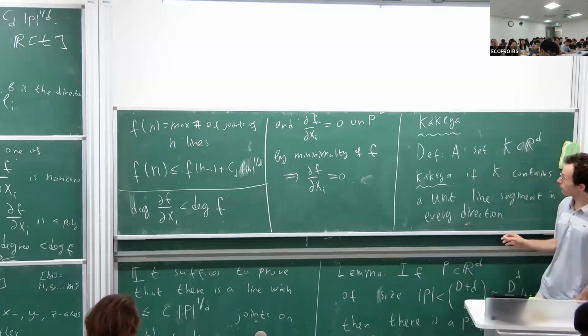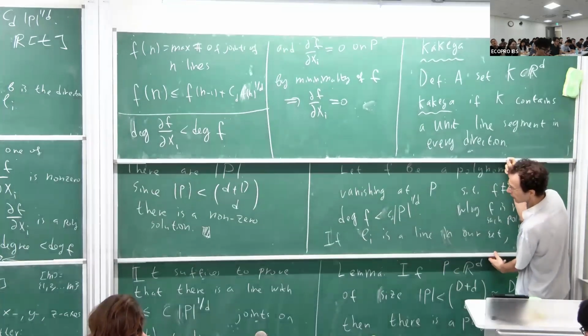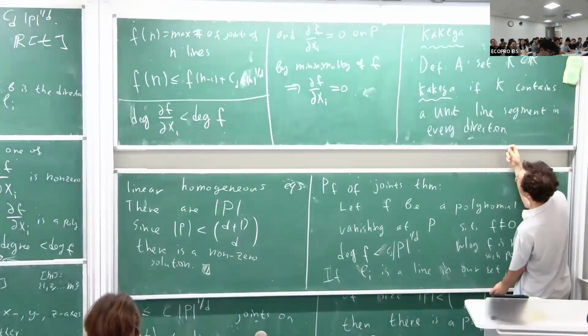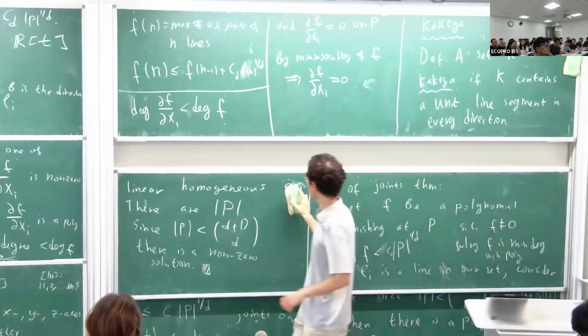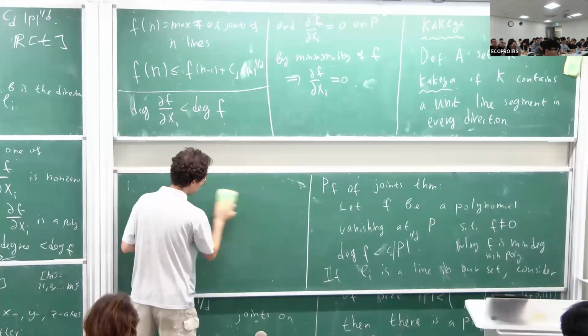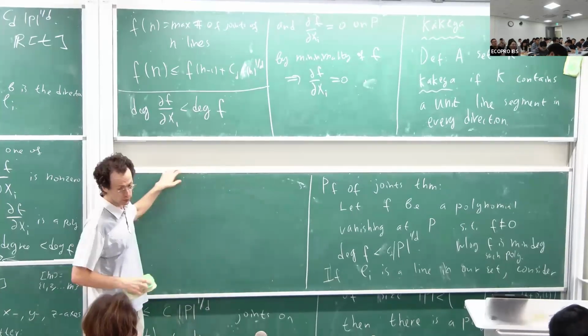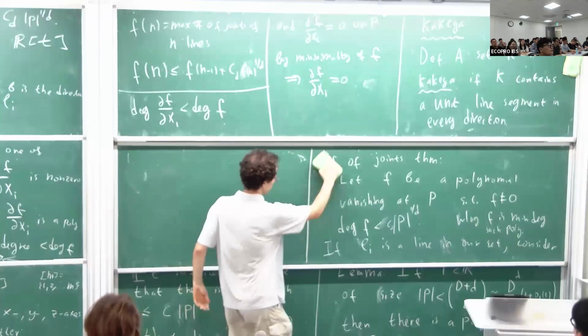So the result of Bukh implies that you can make the set of arbitrarily small area in the plane, and more generally, arbitrarily small d-dimensional volume, d-dimensional measure in R^D.